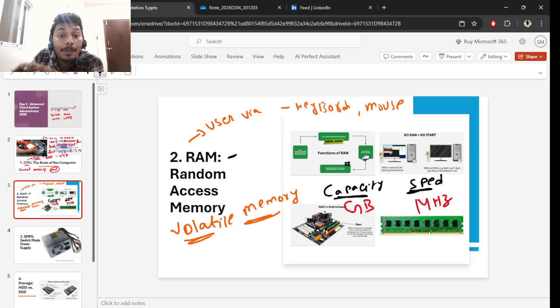Capacity determines how many applications you can open or run at once, while speed determines how quickly instructions are sent to the CPU. That's it.